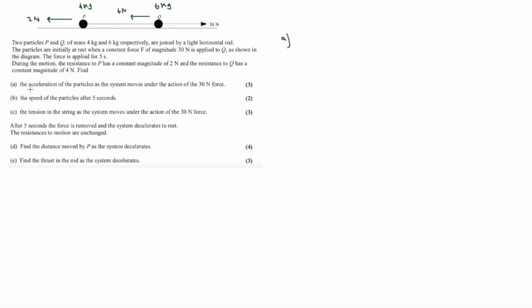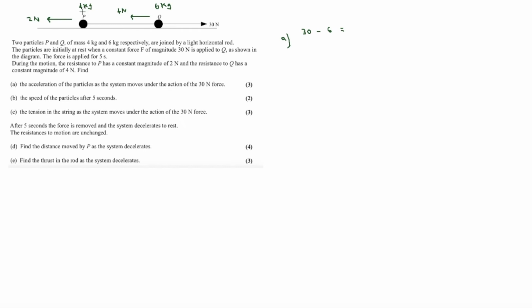So in the first question, where it's asking for the acceleration of the particles, we're going to treat this as a whole system. So that means that forward we've got 30 newtons, and then back we're going to have 6 newtons. That's because we've got the 2 plus 6. Those are the forces going backwards, the resisting forces. That is going to be F, and then we've got looking at MA.